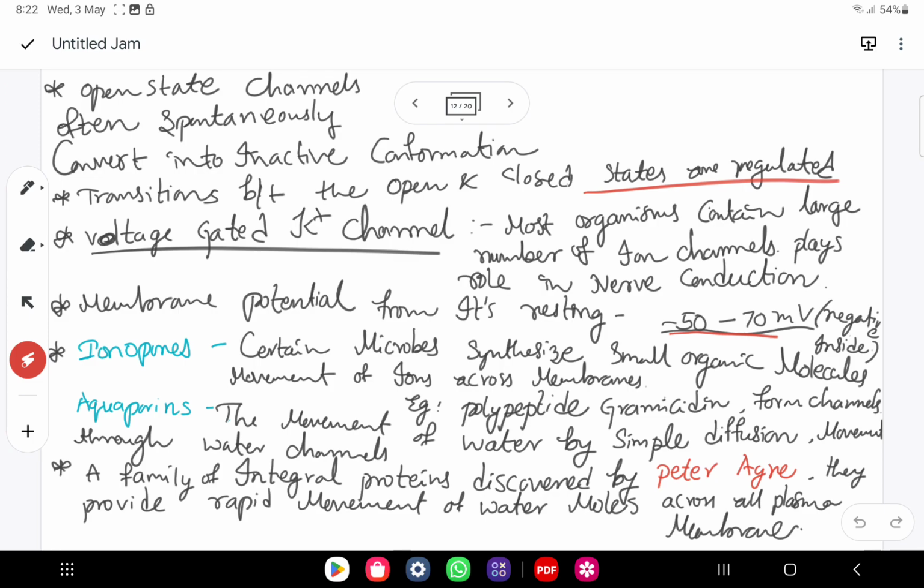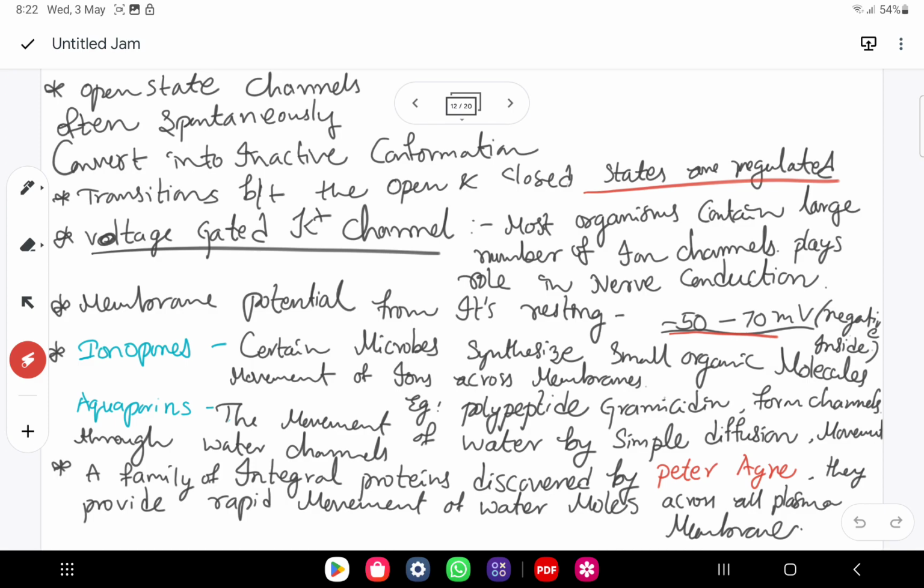Examples are polypeptides such as gramicidin, which form channels. We can see ionophores in microbes. They form ionophores, and the function is the movement of ions across membranes.